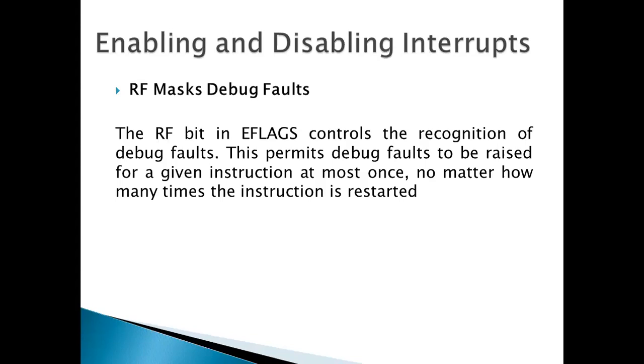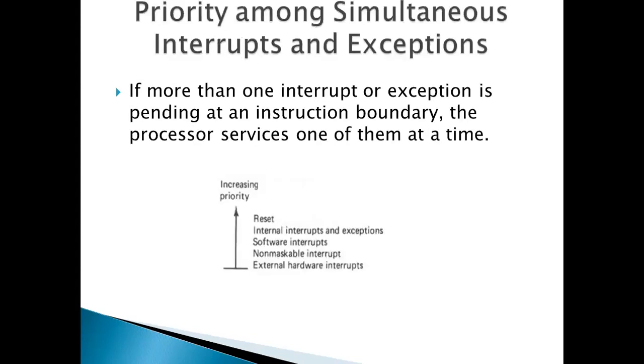So where we need to get interrupts, these are the priorities that we need to maintain. The increasing priority goes from reset to external hardware interrupts. So where it will be identified with these interrupts, how we are going to process it. Every time we are not supposed to go for a reset, right? But when we have interrupts and exceptions which we are unable to process, we need to go for a reset.